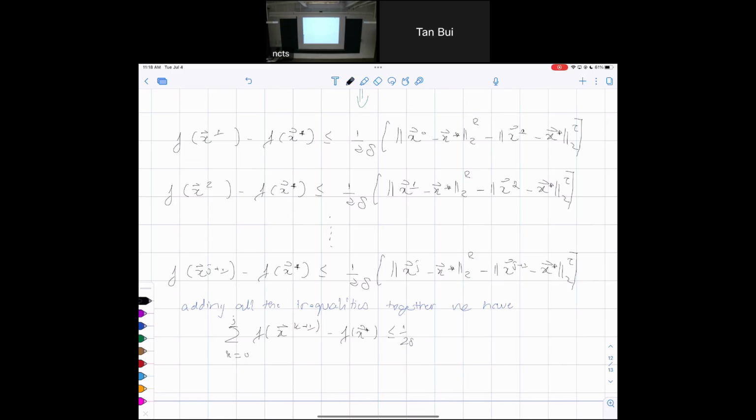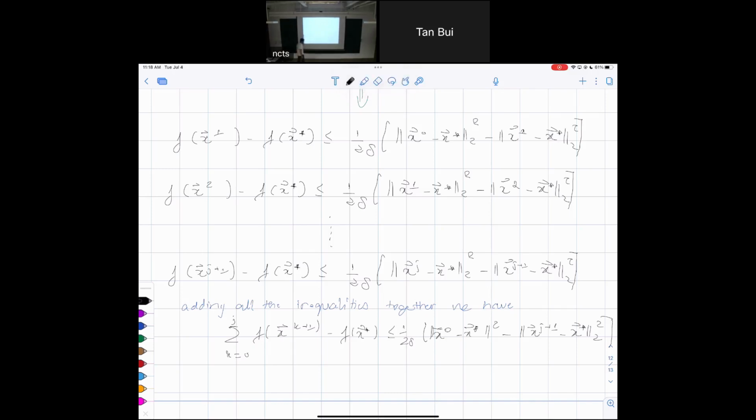On the right hand side, remember that everybody's terms actually cancel out. What we have is this: the first term there minus x_{j+1} minus x star. Okay, sounds good. Everybody see that, right? So we have that first term minus this last term.